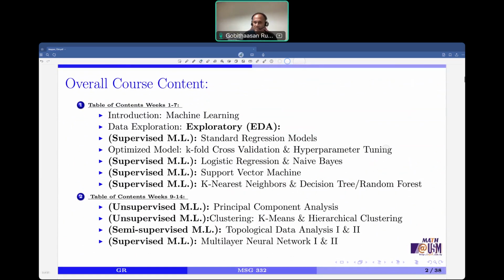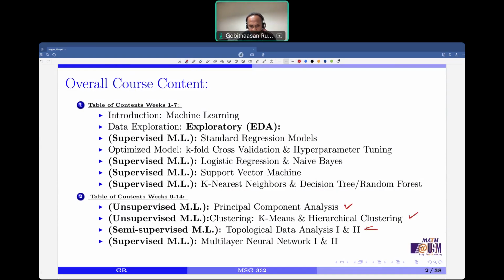Okay, so this is the content that we have completed so far. The first week was basically on machine learning, and then in the second week we have done principal component analysis, dimensionality reduction, and also clustering.